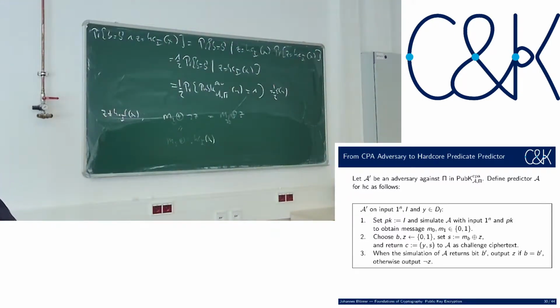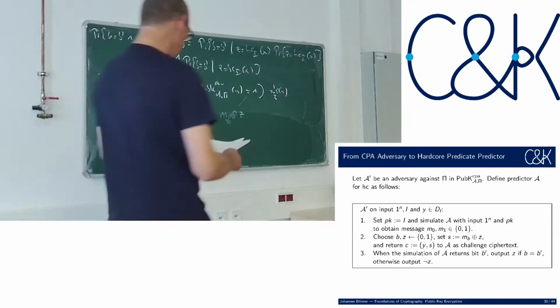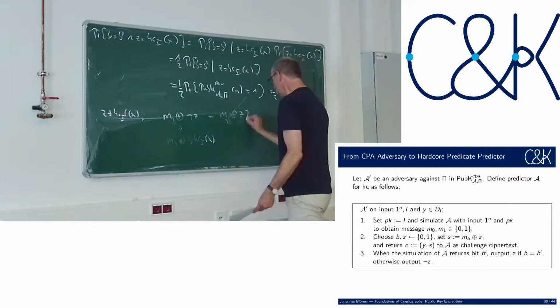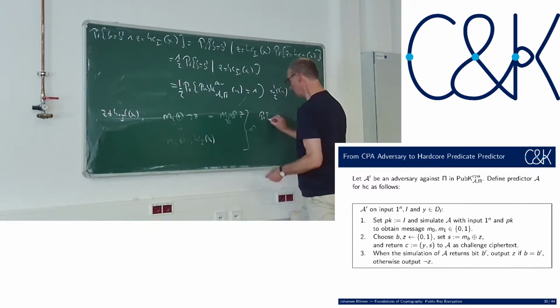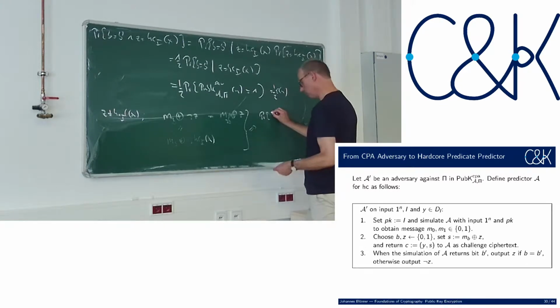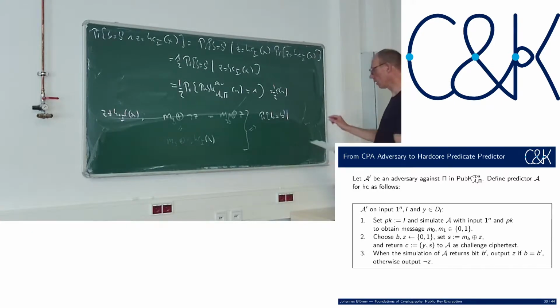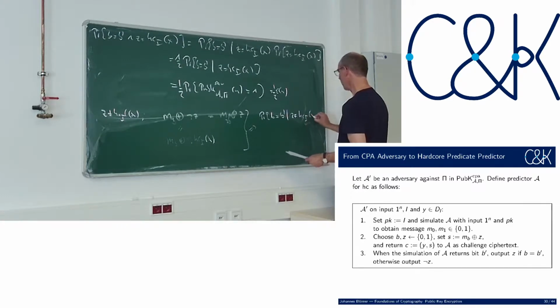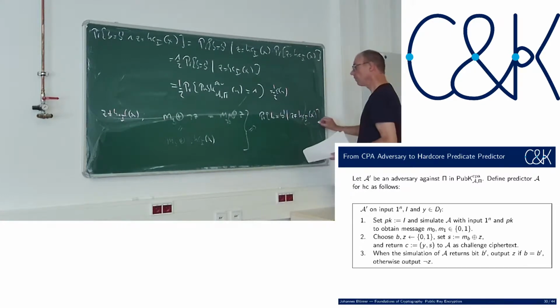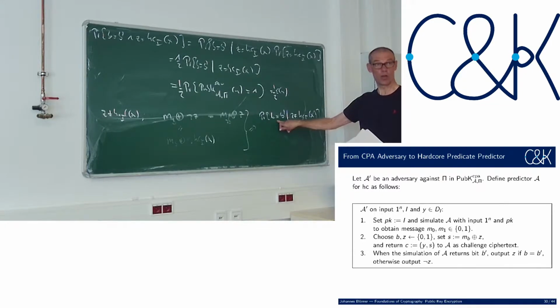And that implies that the probability of B equal to B prime, this is 1 minus what I want, conditioned on Z not being equal to the hardcore predicate of X. Eventually, I want this to be not equal, but what I'm interested in is 1 minus this.